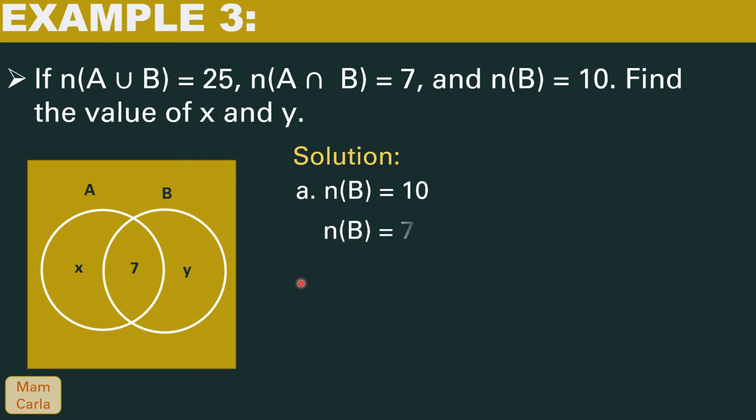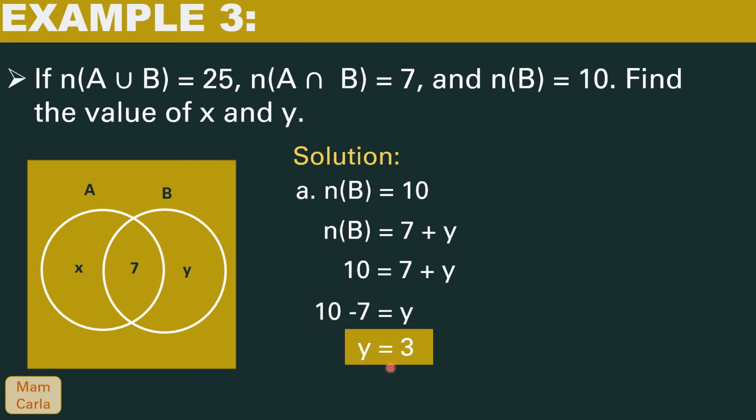Since we know that the cardinality of B can be obtained by adding 7 plus Y, and then substituting the value of the cardinality of B, which is 10, then we have 10 equals 7 plus Y. Now solving for Y, transferring 7 to the left side of the equation, we have 10 minus 7 equals Y. That's why the value of Y is equal to 3.